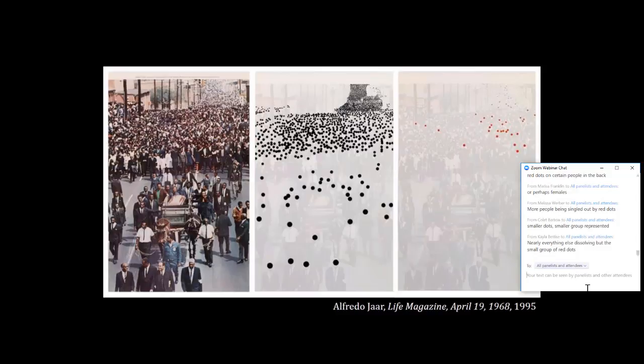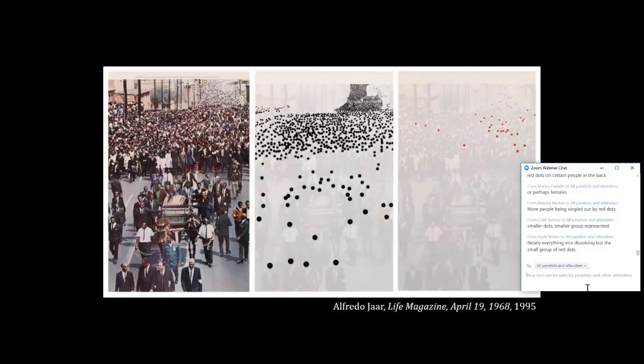So he made this work in 1995, and the 1990s were a time of a lot of racial tensions. There are still racial tensions today, obviously, but in the early 1990s, you had the Rodney King beating, the subsequent trial, and the acquittal of the police officers who were involved, the LA riots, the O.J. Simpson trial.